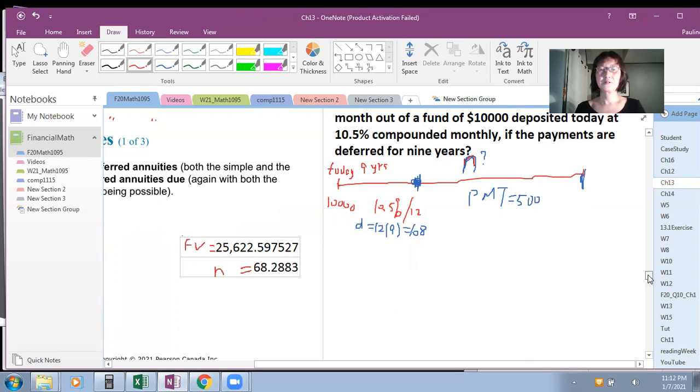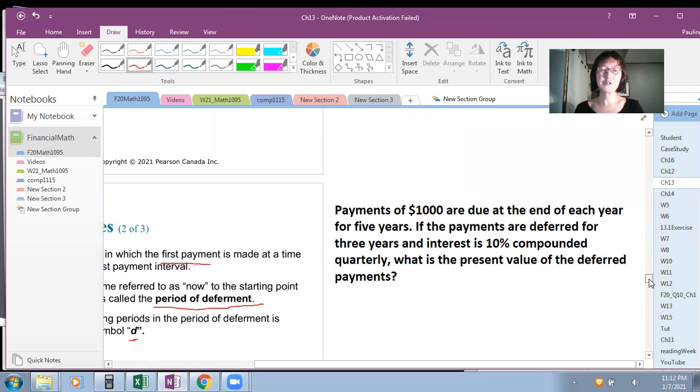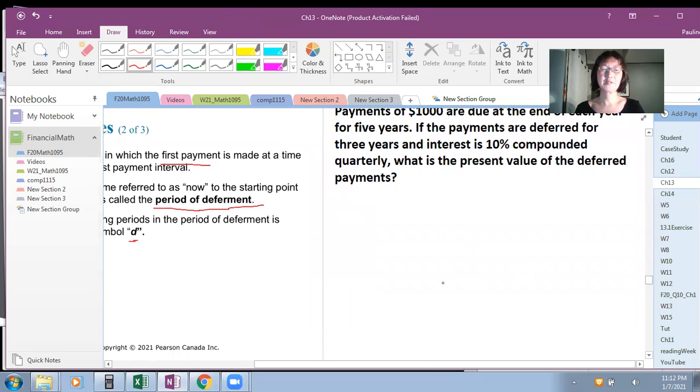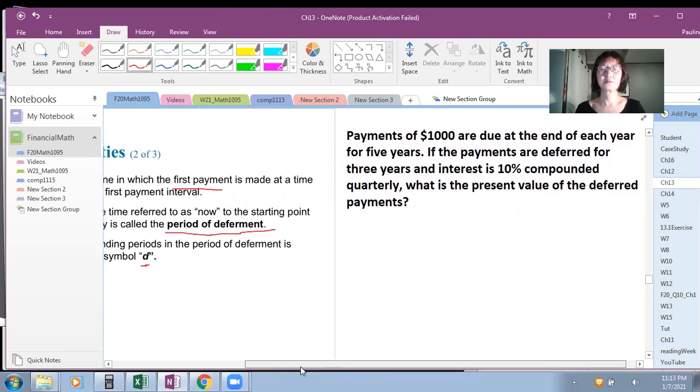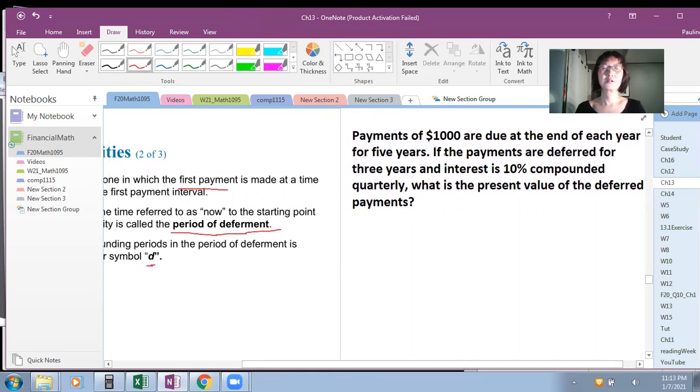Let's look at one more question for interest rate, this question here. Payment of 1,000 are due at the end of each year for 5 years.